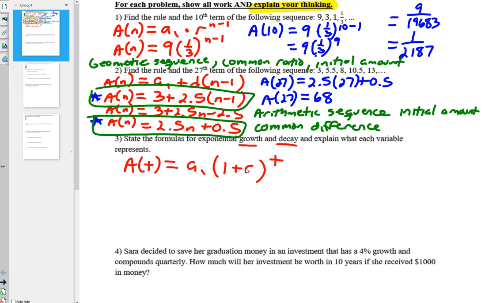If you want to write both of them, you could say that this is a growth, and then rewrite this again and say A of t is equal to A sub 0 times 1 minus r to the t, and then say this is the decay.